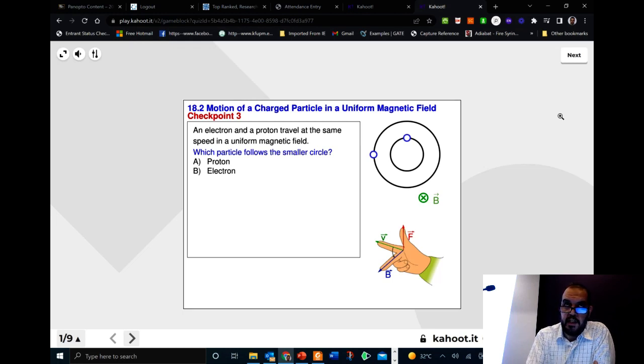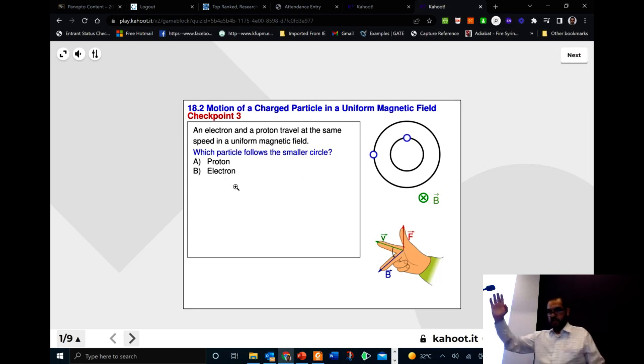The mass of the proton is almost 1,000 times the mass of the electron. Which particle goes in the smaller circle and which goes in the larger circle? It's asking for the smaller circle.